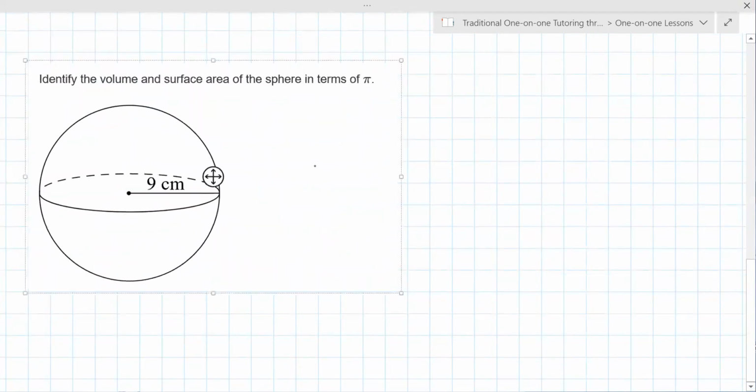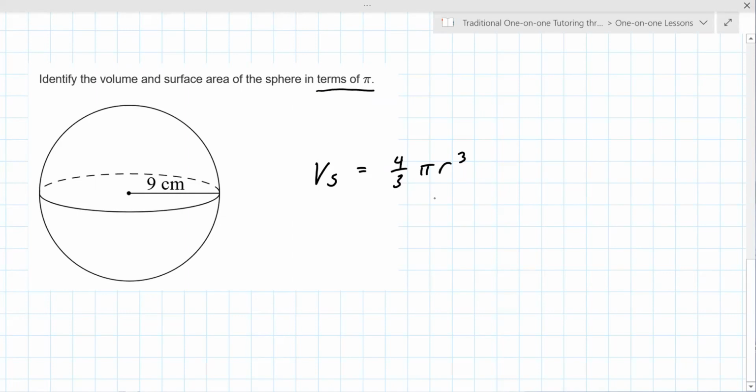So a sphere, the volume of a sphere is 4/3 pi r cubed. And like we discussed last time, it says in terms of pi, so you just leave the pi out when you're doing the calculation. 972 pi. Okay. And that's centimeters cubed.